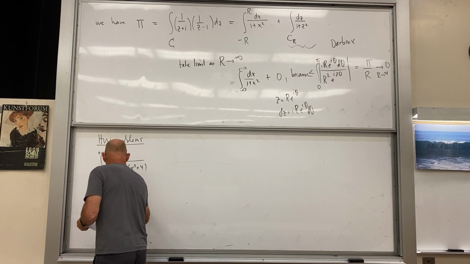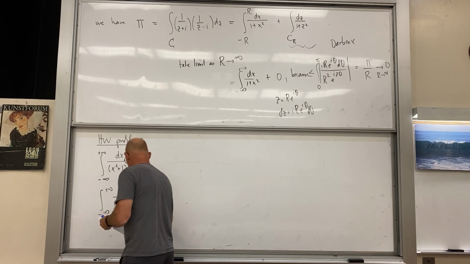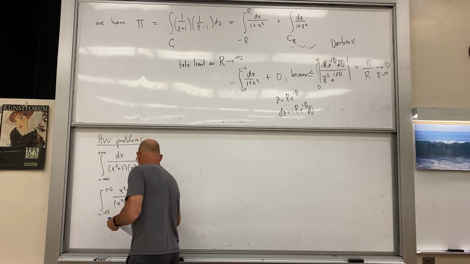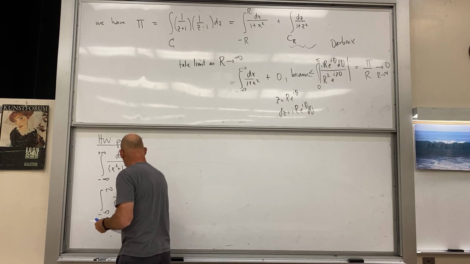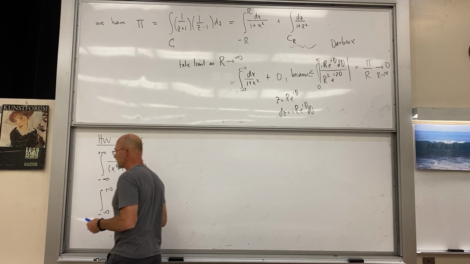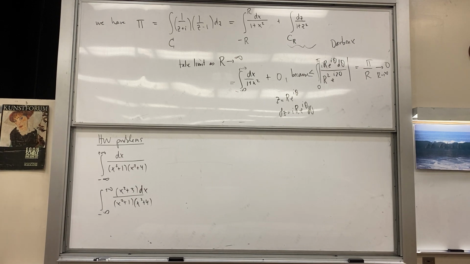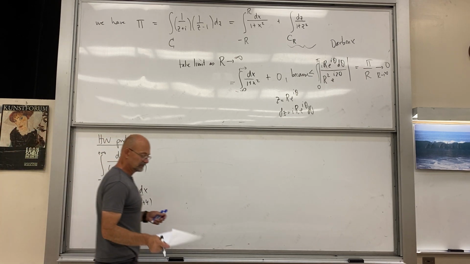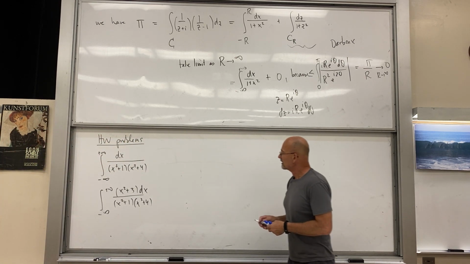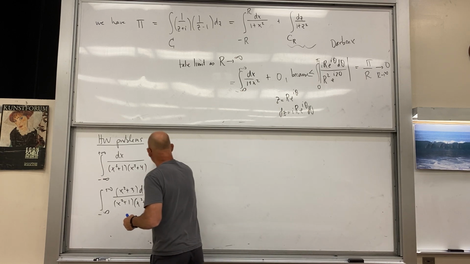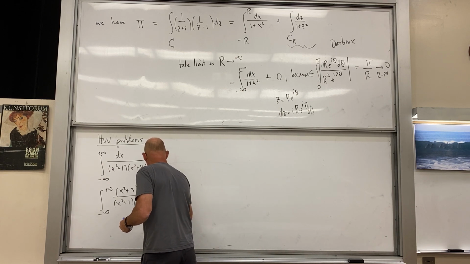I'll put x squared plus 3 in the numerator, over x squared plus 1 times x squared plus 4, dx. Okay, question mark, homework. These are what we want to evaluate.